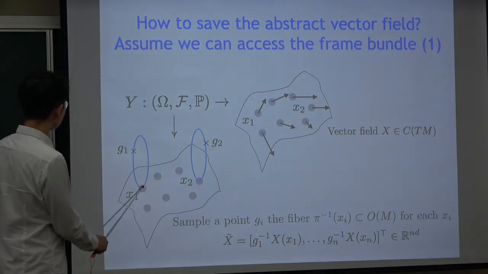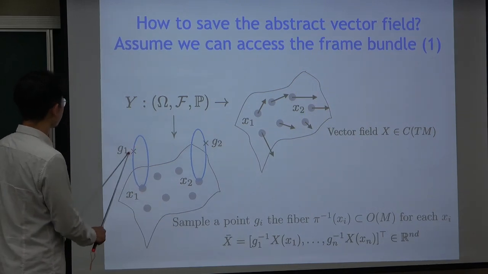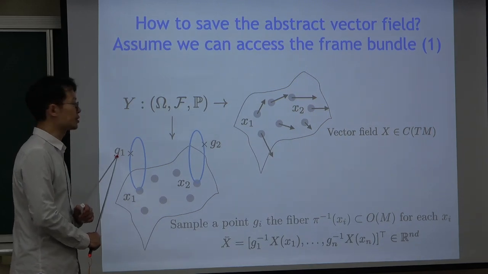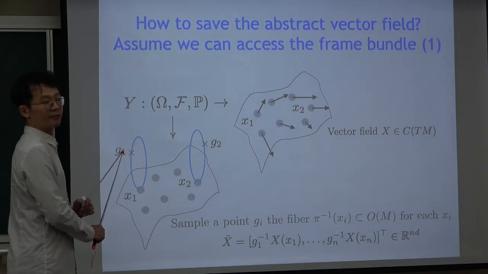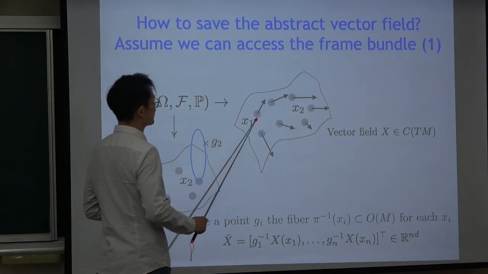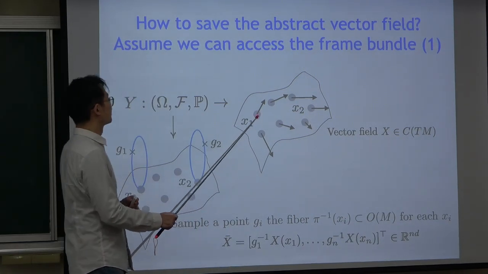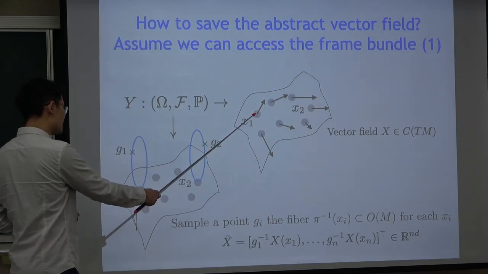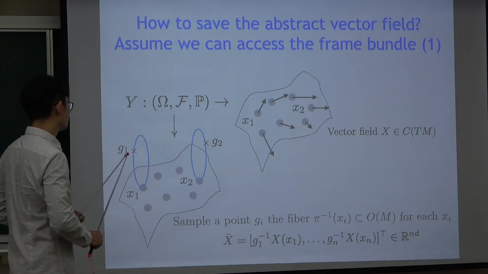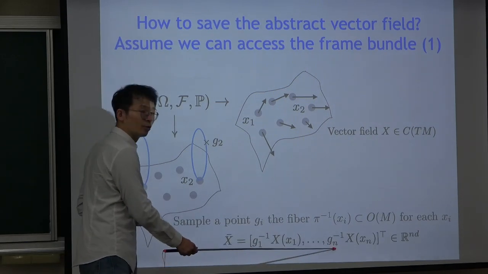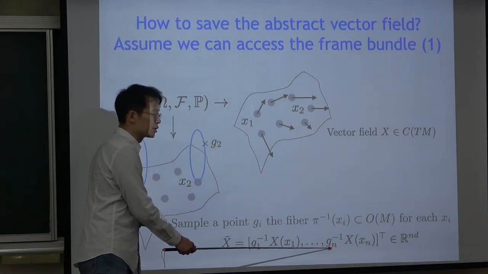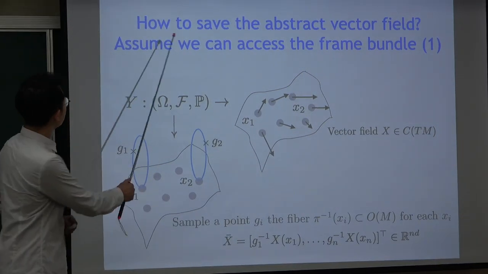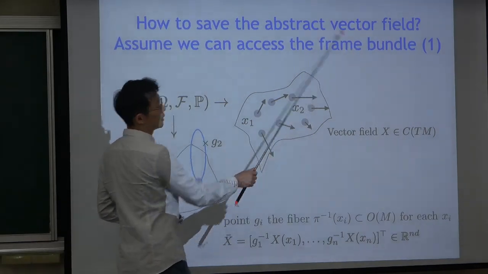That is, for every point on the manifold, we can determine a point on the frame bundle, which plays the role of a basis of the abstract vector space of the tangent space. And you can represent the vector field sampled at x_i using the basis g_i, so that you can save it as coordinates in the computer and do computation. Okay? So the assumption is that we can access the frame bundle.